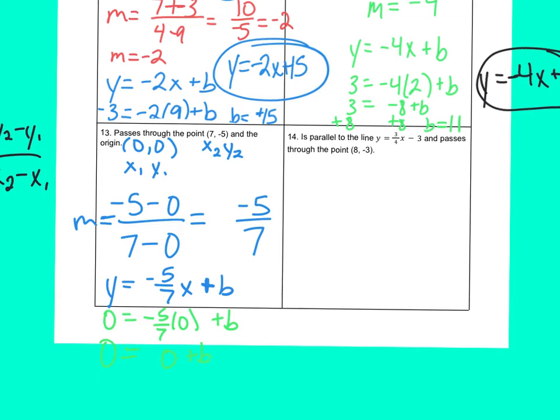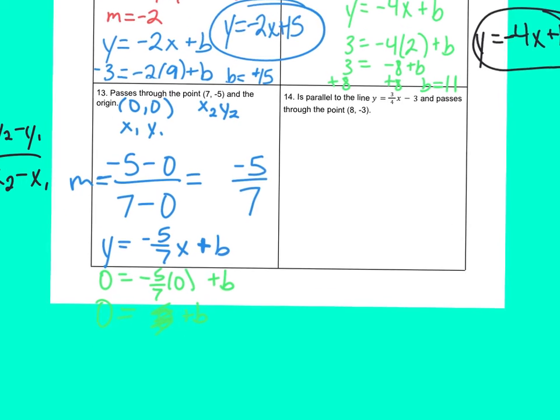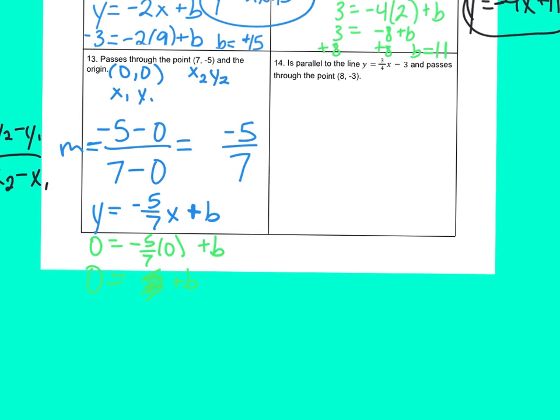So b plus 0 equals 0. So b is just 0. You with me? So my answer is just going to be y equals -5 over 7x. You could write the plus 0, but you don't have to. That is the answer. Okay.